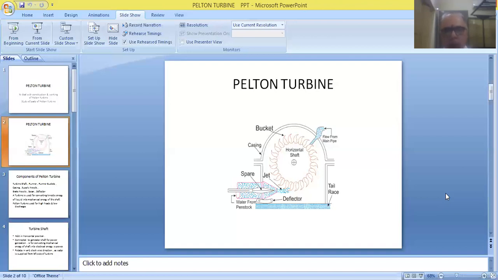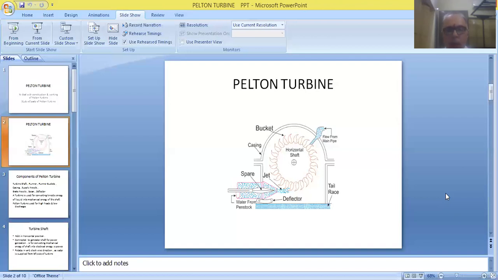And secondly, because of maximum number of blades, this is a heavy machine, so it will be operating at low speeds. The speed of this runner or turbine, whatever you call it, will be around 60 RPM only. So they are called low speed turbines.